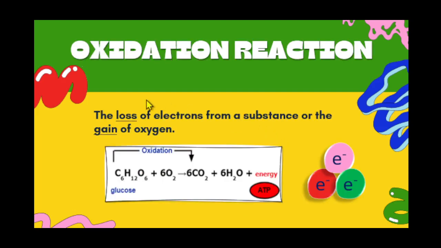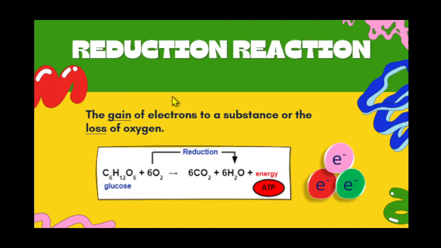For oxidation reaction, it's the loss of electrons or the gain of oxygen. So oxidation, gain of oxygen. And then we have the reduction reaction. This is now the gain of electrons or the loss of oxygen. If you remember, I gave you a mnemonic about this, right? It's Leo Jur, or Leo the lion says Jur.